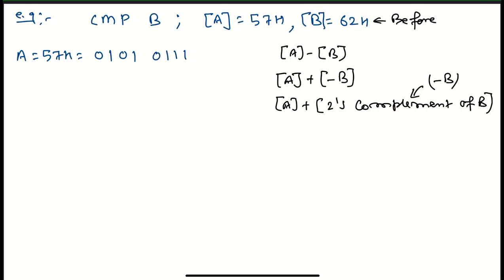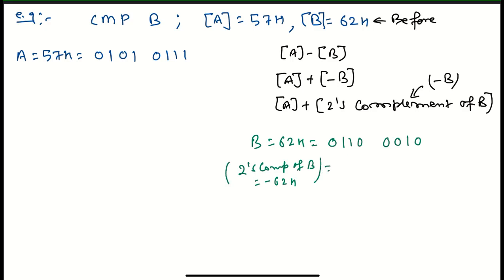Now for B, the value is given as 62H. In binary, this can be written as 0110, and for this 2, 0010. So now we take the 2's complement of B, which is equal to minus 62H.